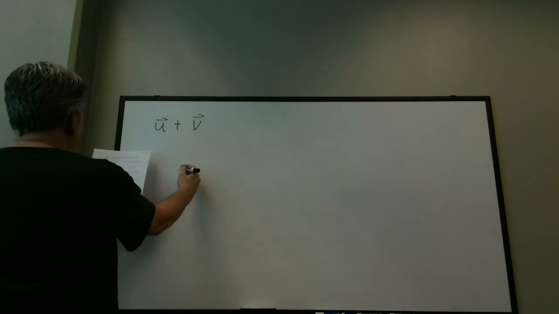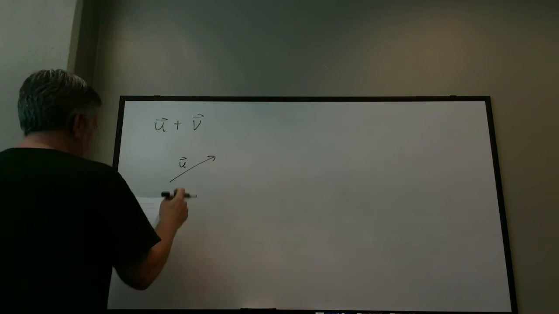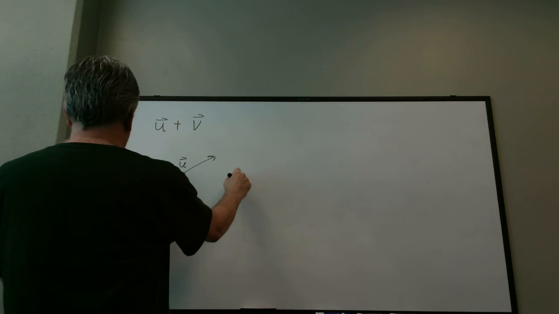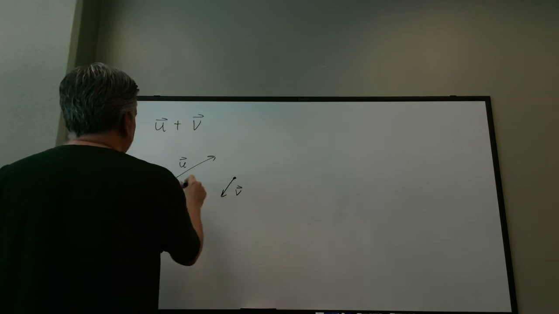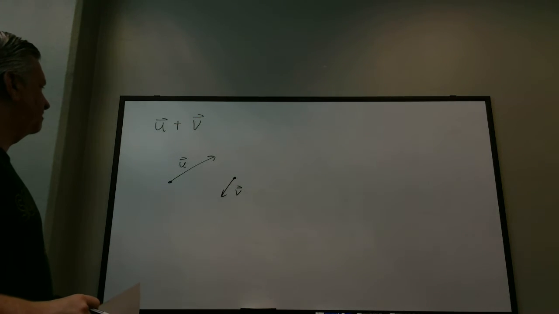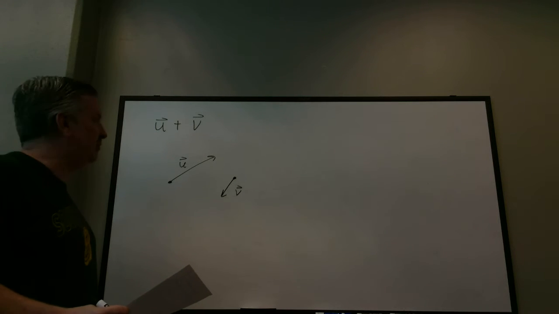So find the resultant of the vectors u and v. Here's u. Again, you'll just have to draw this on your paper. And then v is doing something like that. Draw those on your paper, or something similar. I want to add the two vectors together.